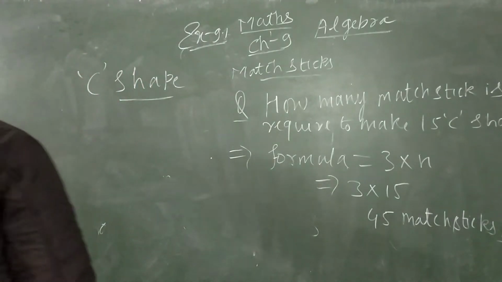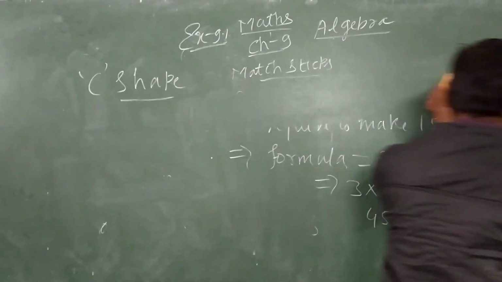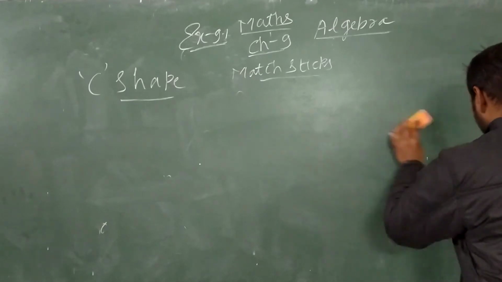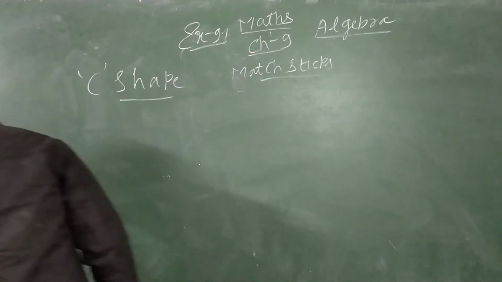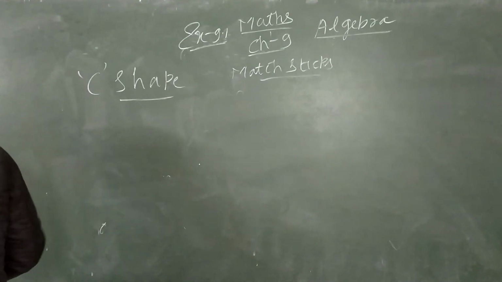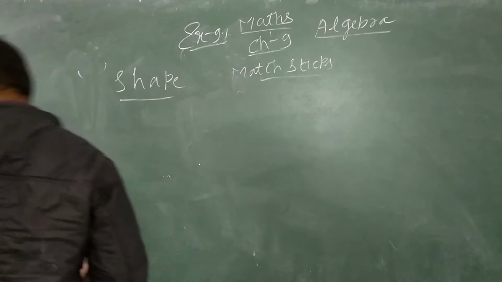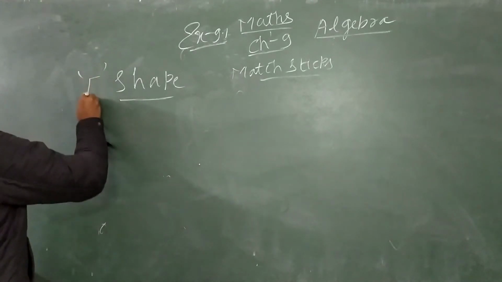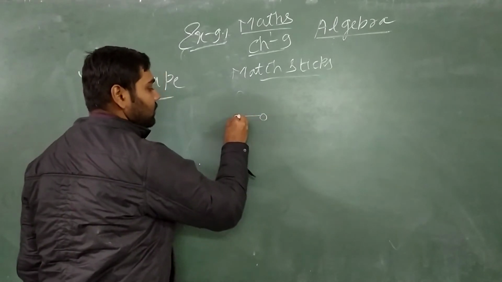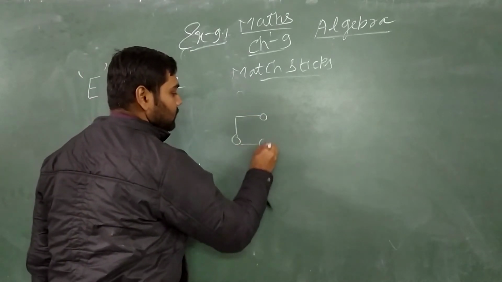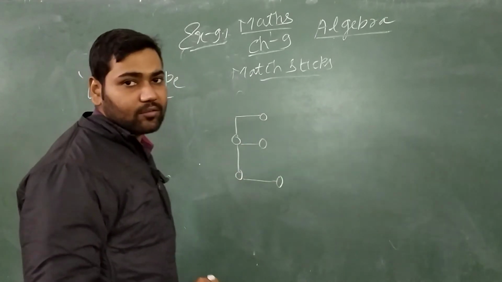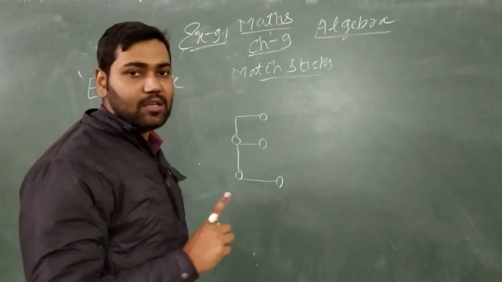Okay, so after the C shape, what do we have to discuss? We have to discuss how to make the E shape. To make the E shape, see how many matchsticks: 1, then 2, then 3, then 4, then 5. 5 matchsticks are needed to make one E shape.